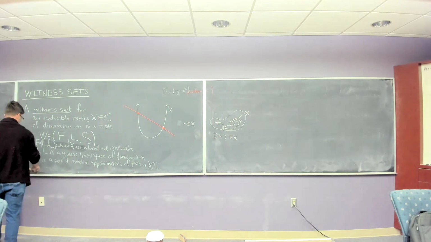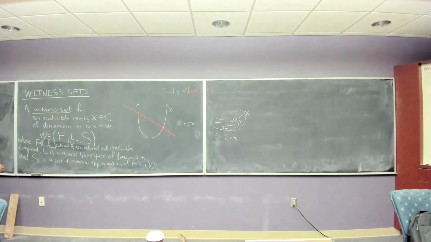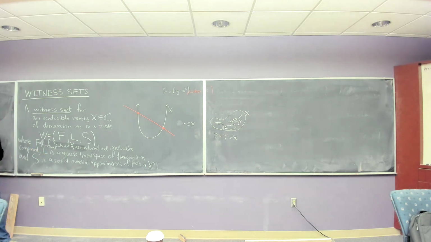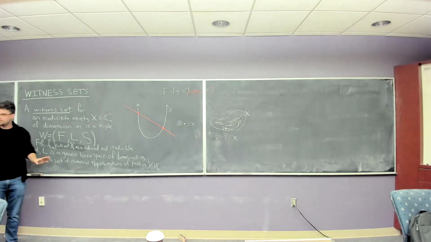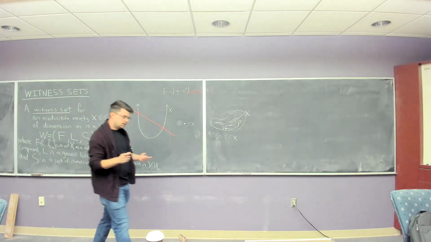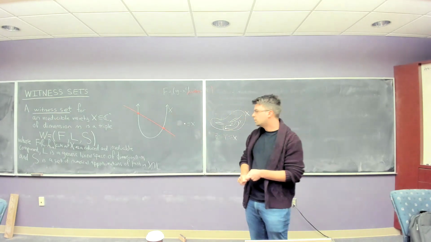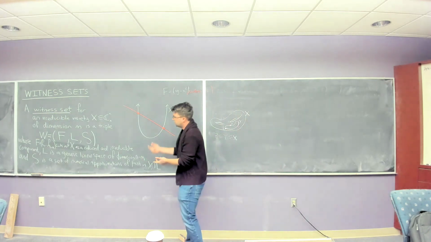Now we have the triple, which we're calling W, and that's F, L, S. F is going to be a set of equations which cut out X. You want it to be a set of equations which gives you X, and the number of equations corresponds to the dimension, right?